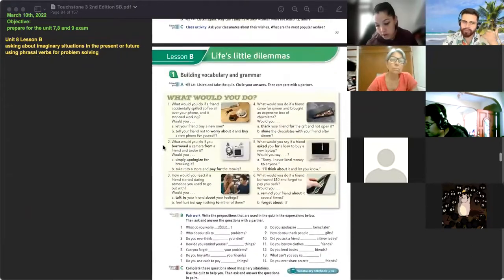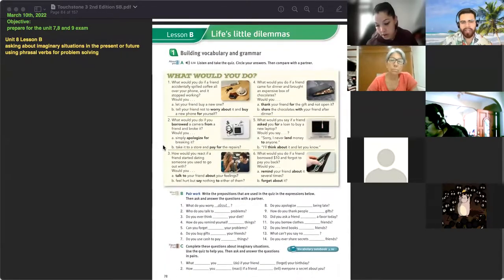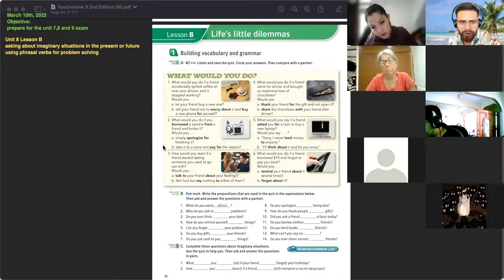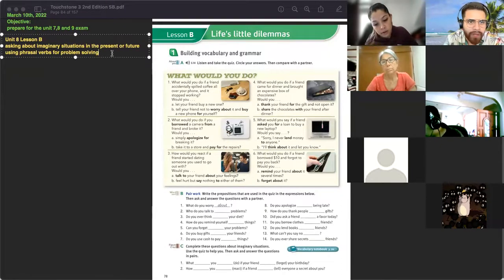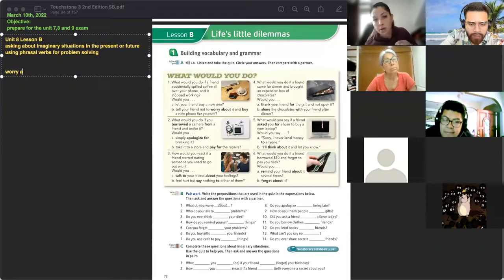Okay, we saw phrasal verbs for relationships and I guess going out with people. In this case, they are for problem solving. Worry about, buy for, borrow from. They're all about fixing problems, solving problems. One of the verbs that I really want you to focus on is worry about.